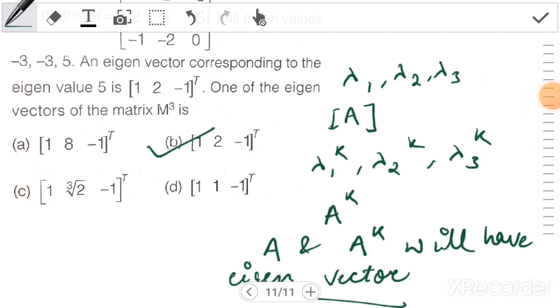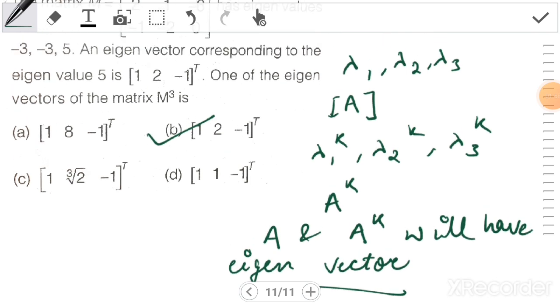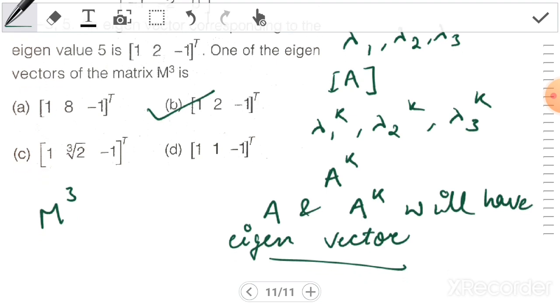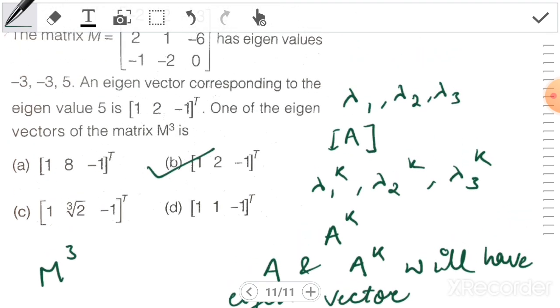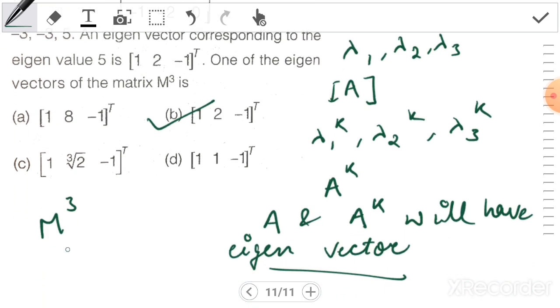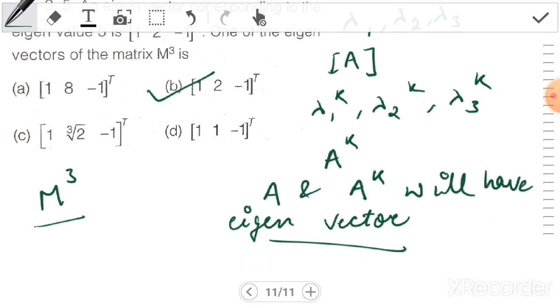Also you can find the eigenvalues of the M cube matrix since you have -3 and 5 as the eigenvalues. So for M cube you will have -3 raised to the power 3, -3 raised to the power 3 and 5 raised to the power 3.